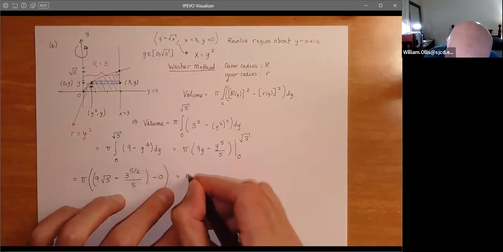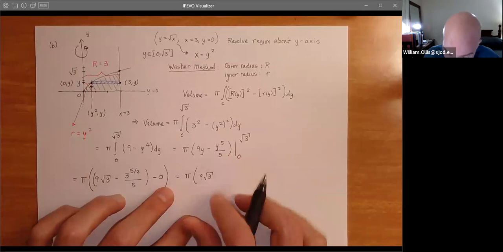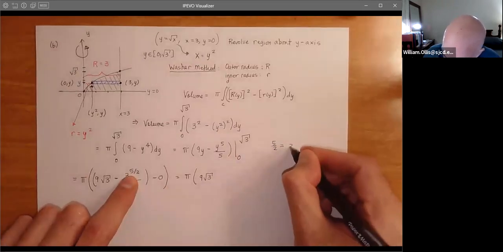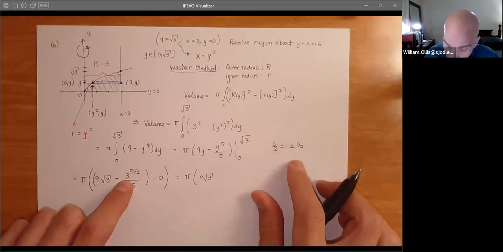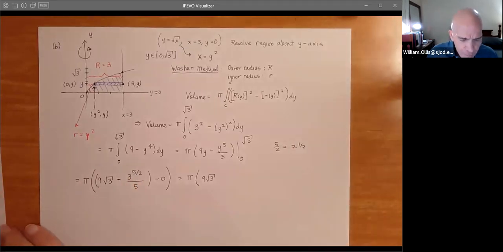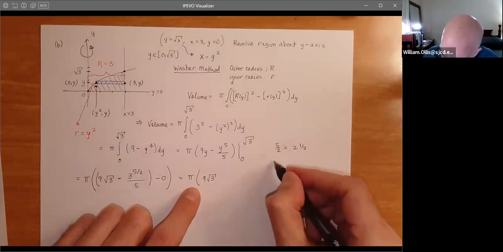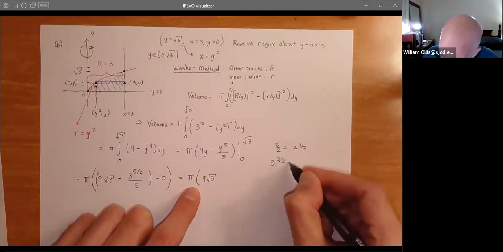So we have pi, and we have 9 root 3. Now, of course, the 5 halves is just 2 and 1 half. So when we think about this, when we do 3 to the 5 halves, this is the quickest way to do this.